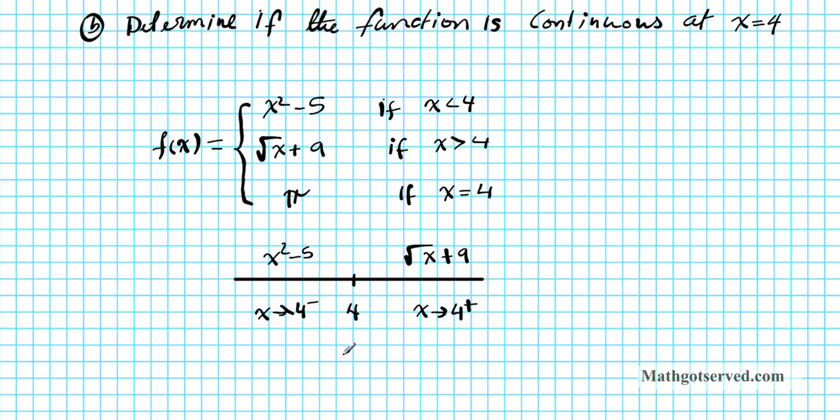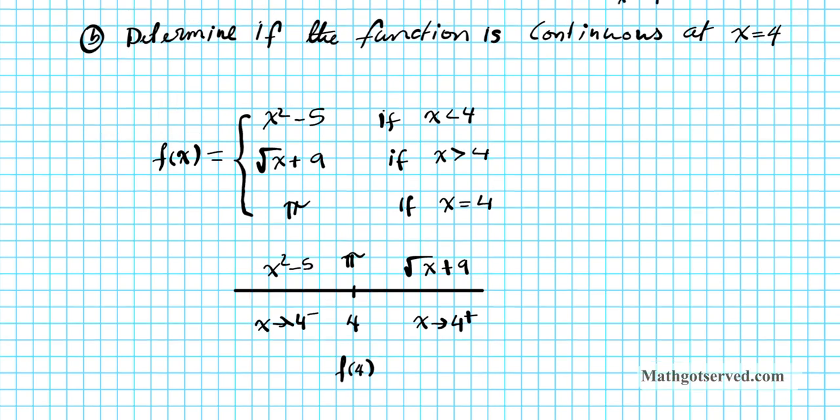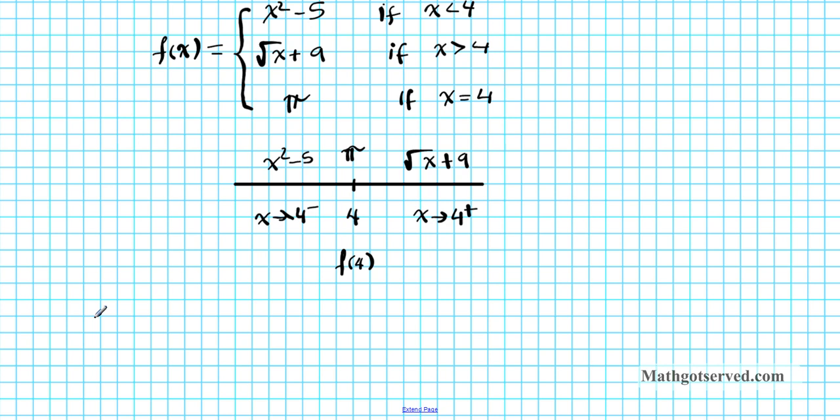And then when we're evaluating f of 4, we're simply going to be looking at the constant function, which is pi. Okay? All right, so let's go ahead and consider each case. So for the limit, the A part, the limit exists if the left and right hand limits are the same.